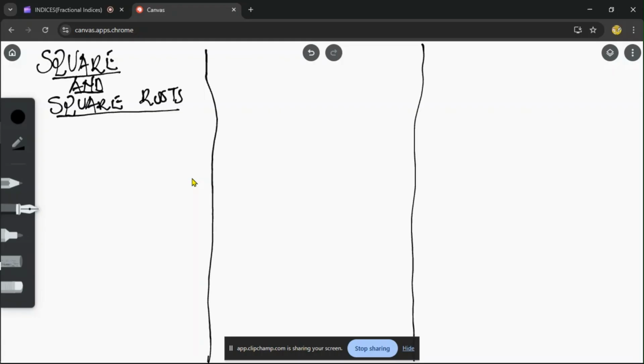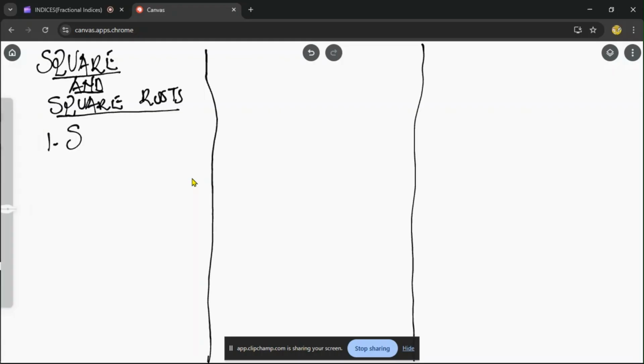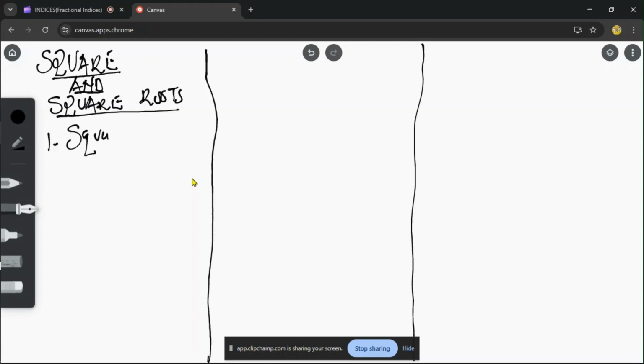So in our first session, I want us to look at the square of numbers, and I want us to define what a square is.